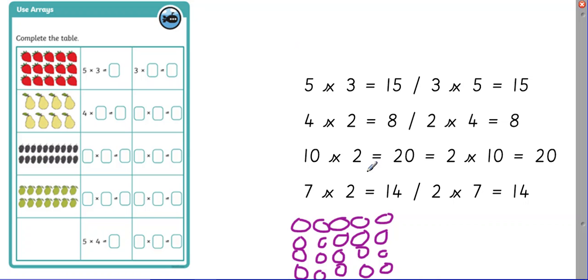Hopefully yours will be a little bit neater than mine. So you've got 5 times by 4, which is 20. Or you've got 4 times by 5, which is also 20. Well done if you got those correct.